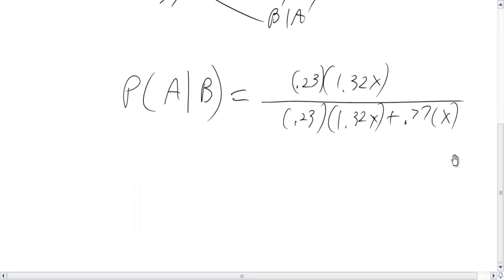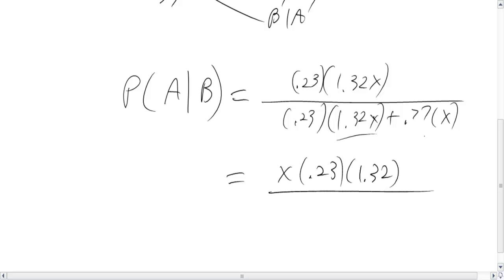So now we use a little bit of our algebra skills, and this is where the x comes back. A lot of students get nervous when they see that x pop in there, but the neat thing is it just factors right out of the numerator. Then in the denominator, both terms have an x, so we can factor that out, leaving us with the following work.